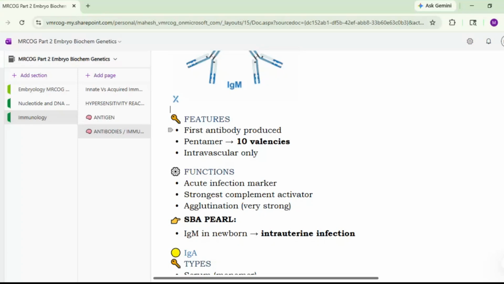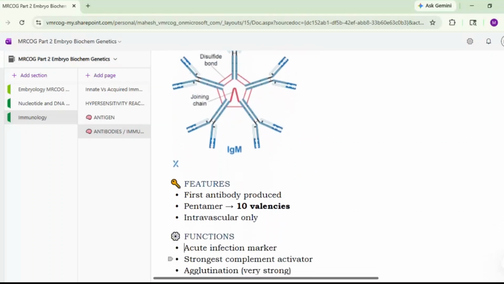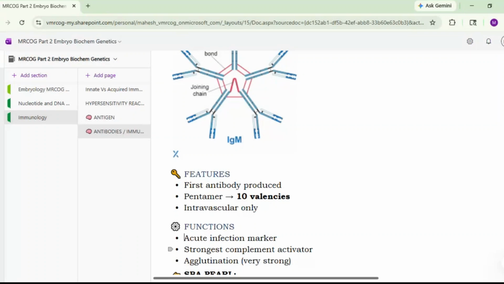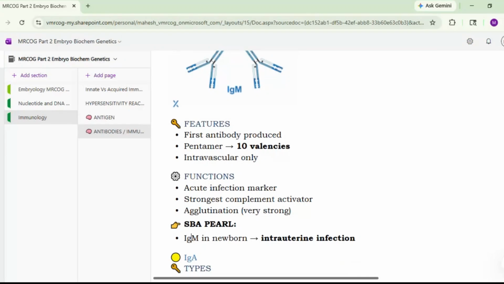Then, what are the features of IgM? It is the first antibody which is produced. It is a pentamer having 10 valencies, and it is present only in the intravascular compartment. Functionally, it is the acute infection marker, while IgG was the chronic infection marker. It is the strongest complement activator, and agglutination is strong.